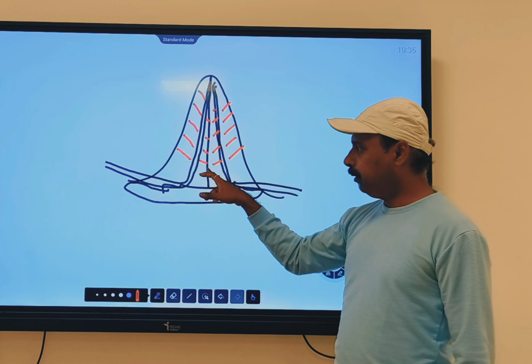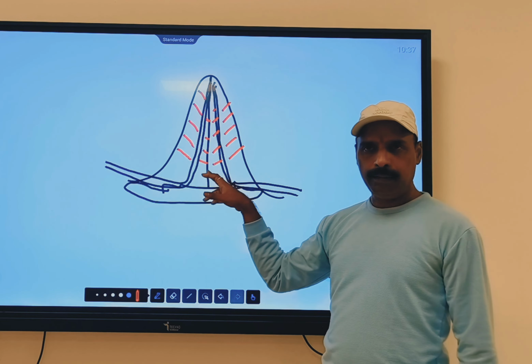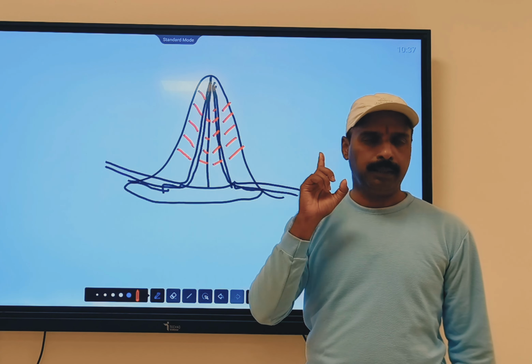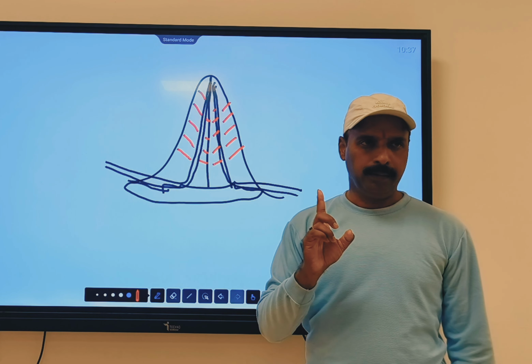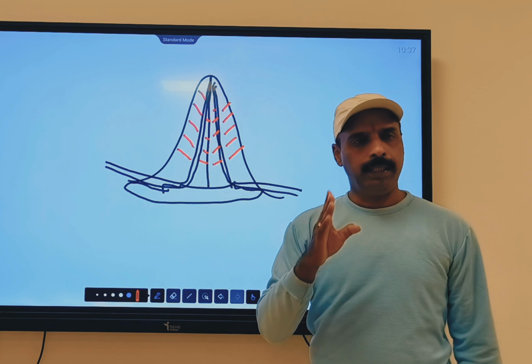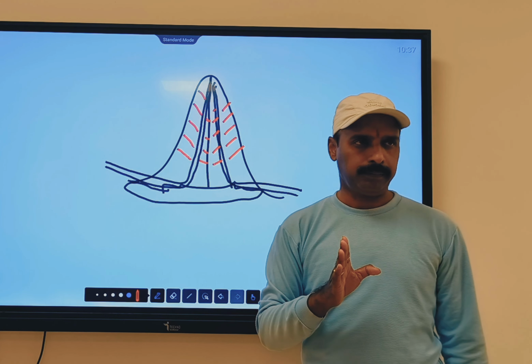That is the definition I have told. The submental triangle is the first triangle of the subtriangles of the anterior triangle. It is present at the submental region. It is a median triangle, situated in the midline, half on the right side and half on the left side.